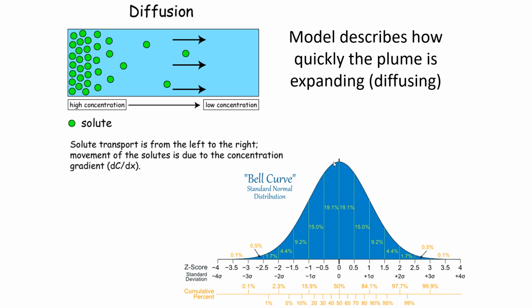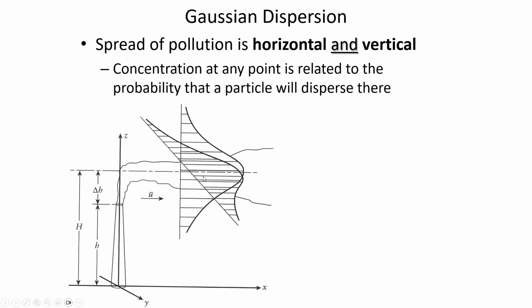We're going to use a standard distribution to estimate the width of the plume and the probability that a given particle is transported either to the side of the central axis of the plume or vertically. The bell curve is going to be applied to both of them.